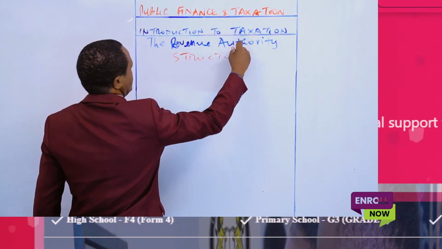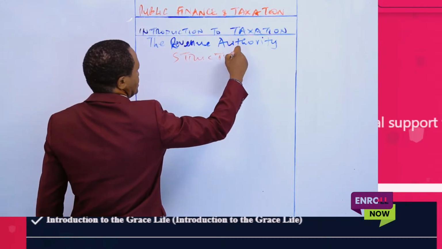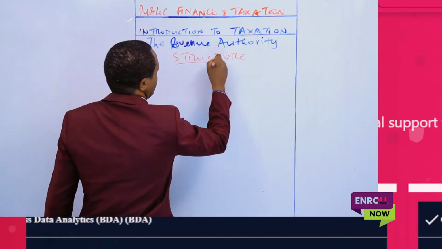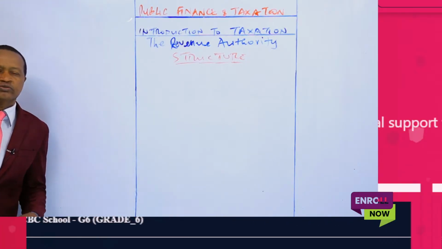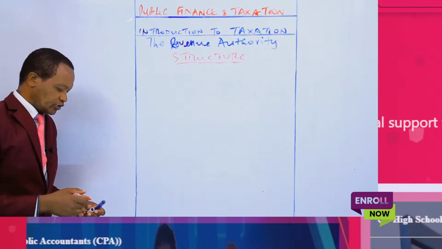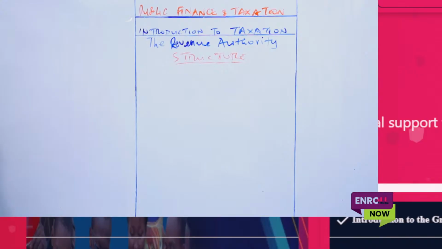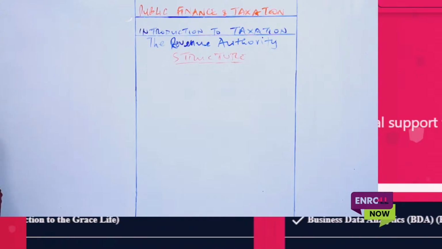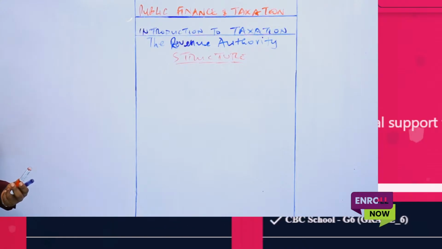So in this lesson, first of all, we want to study the structure of Kenya Revenue Authority. The organizational structure of Kenya Revenue Authority is designed to effectively manage its diverse functions and to cater to different taxpayer segments.